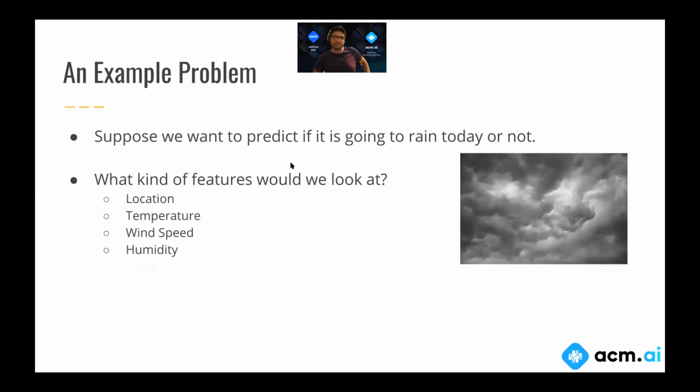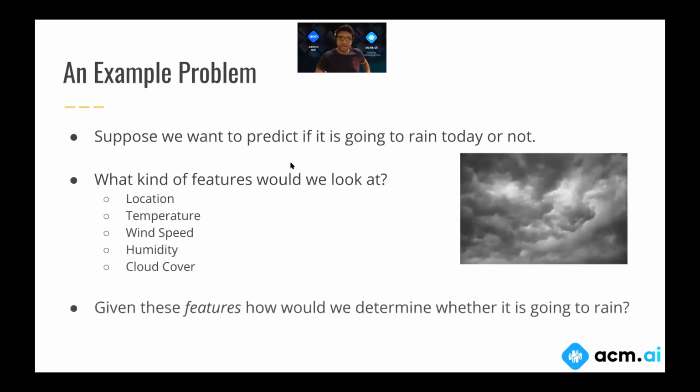Okay, so here's a situation where we can use logistic regression. Let's say we want to predict if it's going to rain or not. Let's think of some of the features we would want to use in that model: location, temperature, wind speed, all the stuff that you see on the screen right now. And the question goes back to, given these features, how would we determine whether it's going to rain?